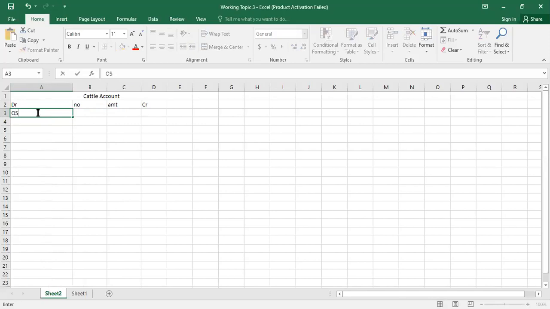What's the figure for opening stock? Our figure for opening stock, we had 50 cows, and the amount is 900,000. Are you getting what I want us to do on your end?